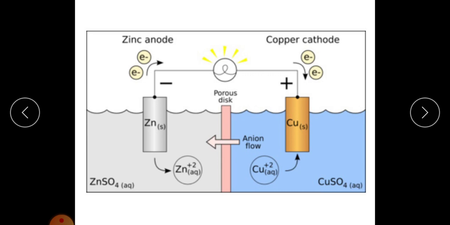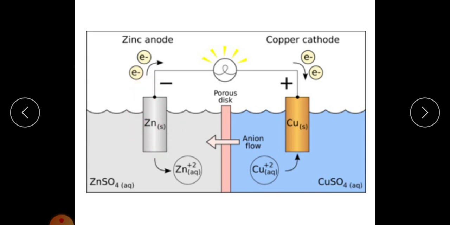This Cu rod and this Zn rod, the copper rod and the zinc rod plates, are connected by a metallic conductor. So this is the arrangement of a galvanic cell.